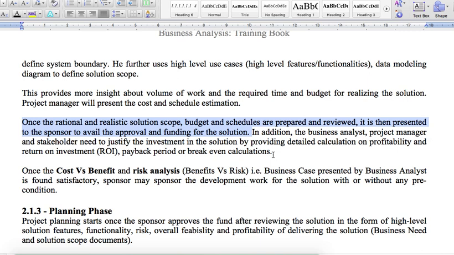We have got the cost, but the benefit is basically based on certain assumptions. For example, if you introduce the new e-commerce solution, then we will say, okay, the number of visitors coming and the number of visitors buying the product, right? Based on that, the number of commissions we may expect from the transactions, right?